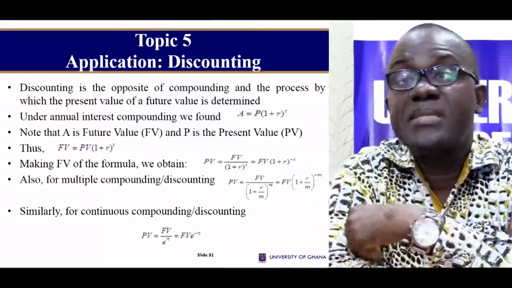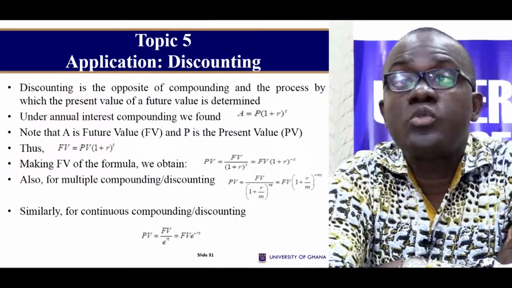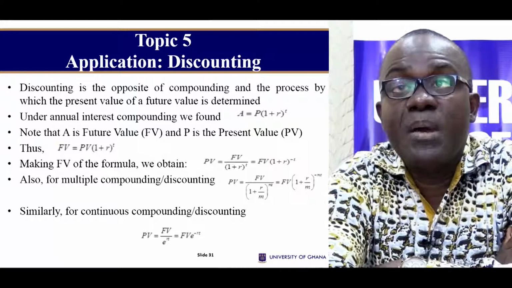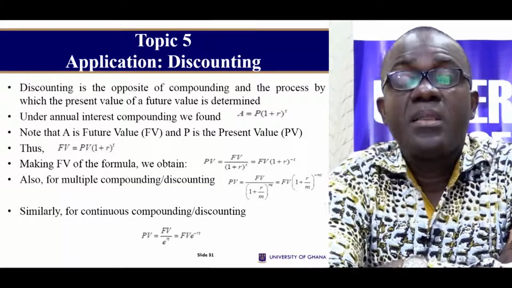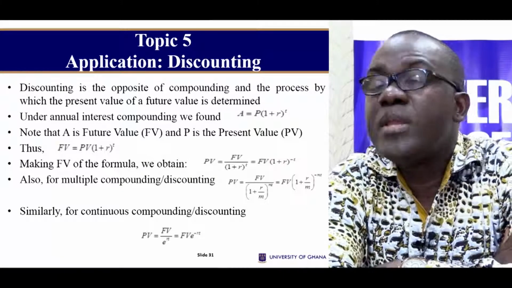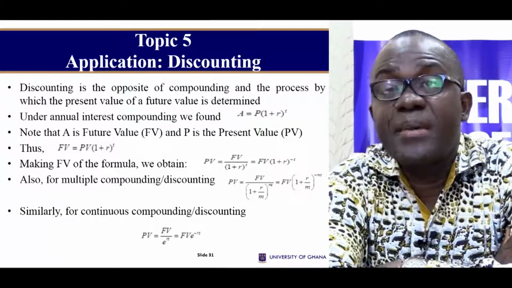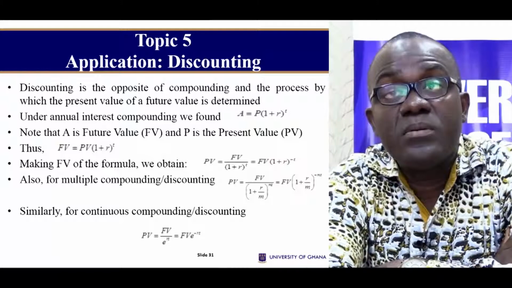So the formula that we discussed, I can put in the form that the future value is equal to the present value multiplied by (1 + r) raised to the power of t. So the question here is, how do you now find the present value when you know the future value?